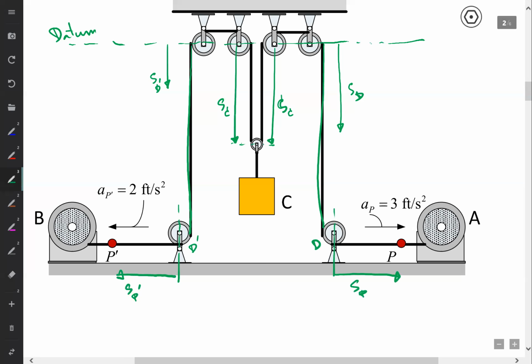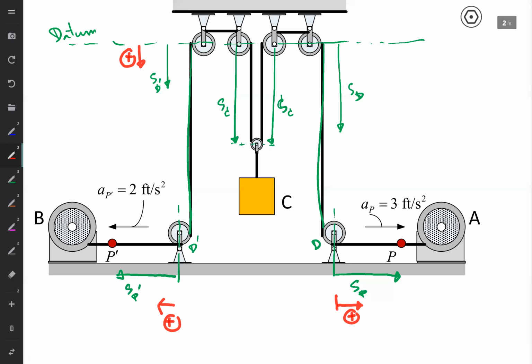According to the datum that we set up, we have to note that for SD, SC, and SD prime, downward is positive. But for SP prime, to the left is positive, and for SP, to the right is positive.